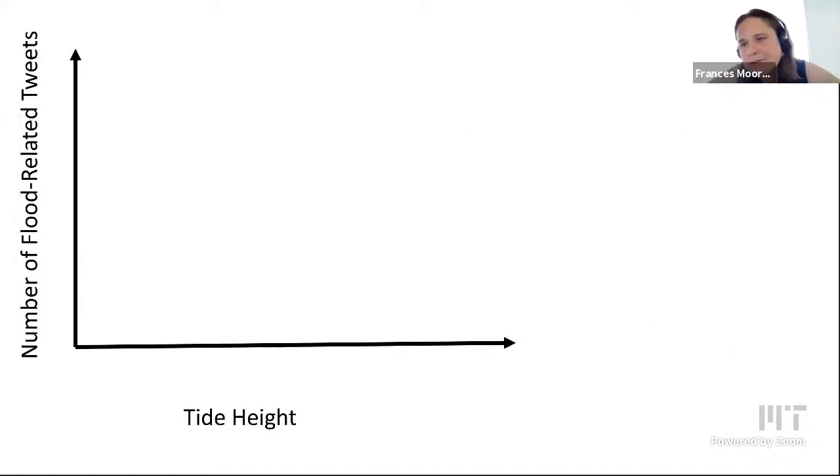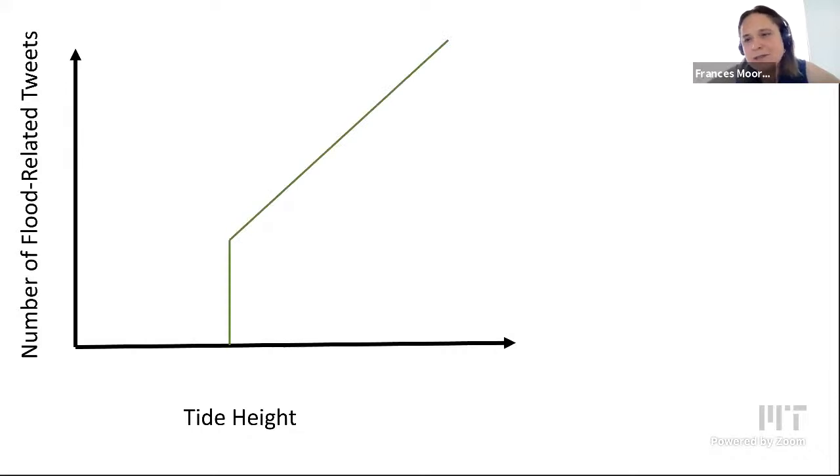And so what do we do with this data? Well, we try to identify a model that explains the flood-related tweets coming out of each county.